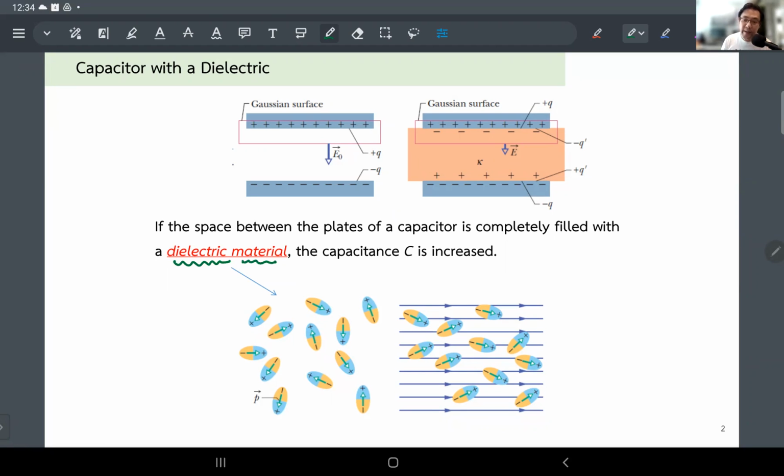When you say dielectric material, if you're familiar with the polar molecule in chemistry, maybe like H2O, water, you vaguely remember that even though the H2O molecules are neutral, when you dive into a single molecule, the electrons seem to spend more time around oxygen atoms than the hydrogen atoms. This is explained in terms of electronegativity in the periodic table.